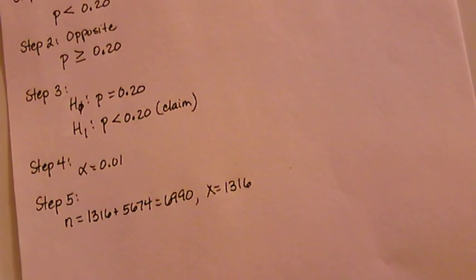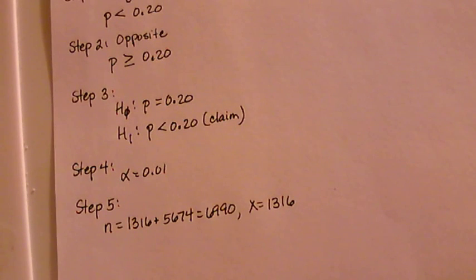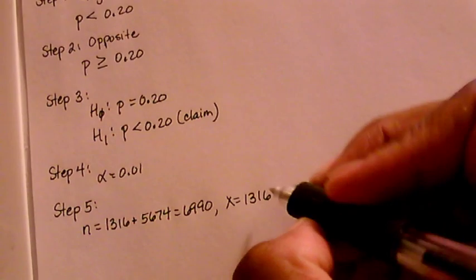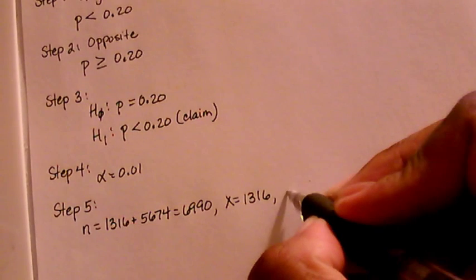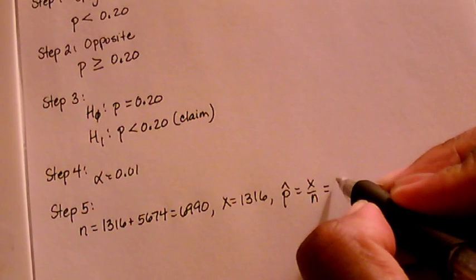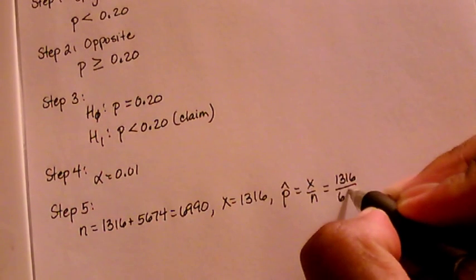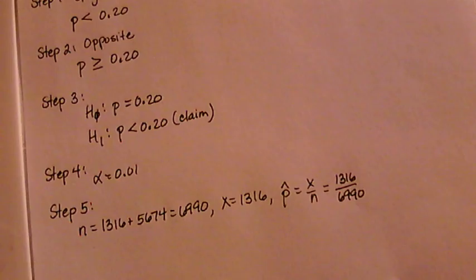So in this case here, X is 1,316. So P hat would be X over N, or 1,316 divided by 6,990. And we'll leave that as a fraction as well.